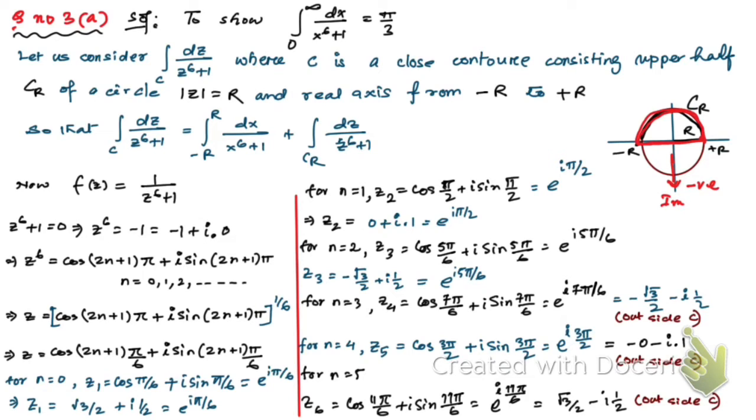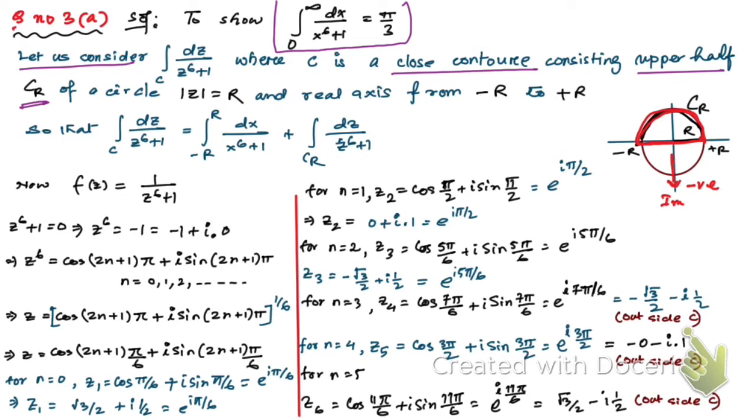Here you see this is not completed in this single slide. We have more slides. We need to prove this, right? In order to prove this, first let us consider the integration of dz by z to the power 6 plus 1 over this contour C. This closed contour consists of the upper half of a circle CR.